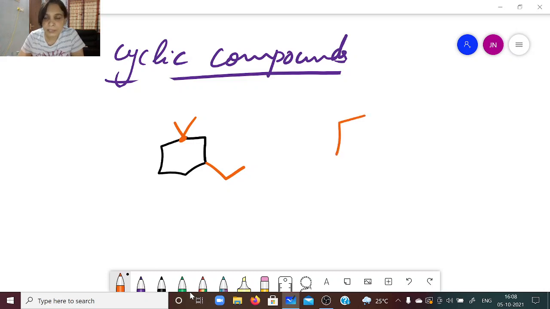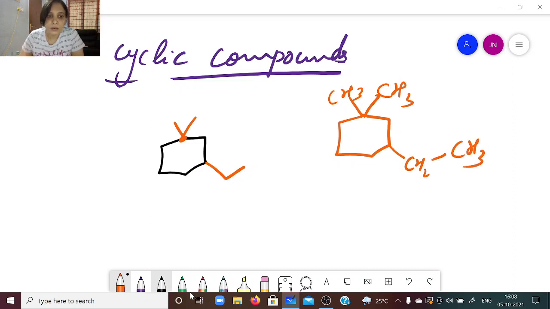Now I will expand this and write, this is 2 methyl groups, and this is one ethyl group. Now we will see what is the rule. If more than one branch is there in one carbon atom like this, you don't have to think about anything. You can give number 1 to it. So where more branches are there, that will be carbon number 1. This is 2, this is 3. So how can you name this?